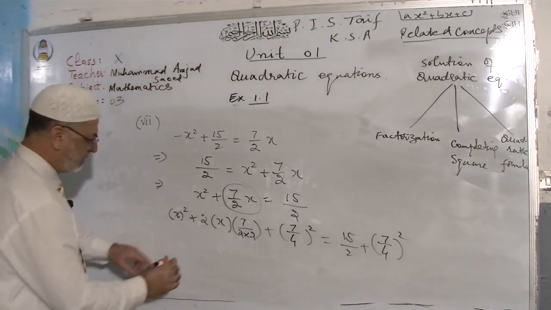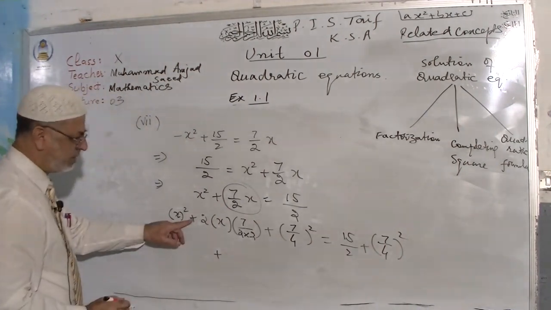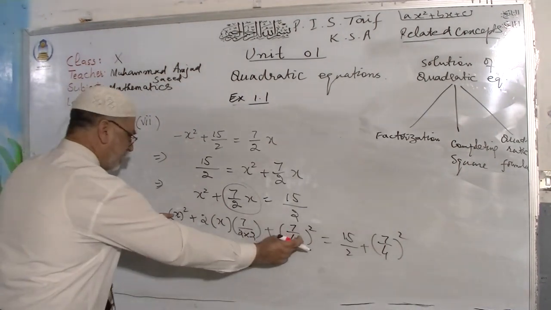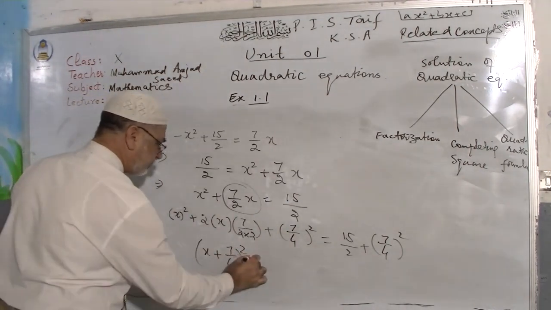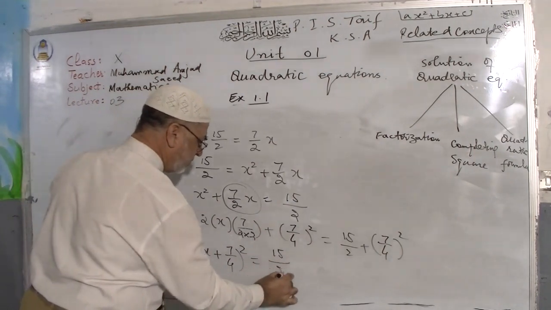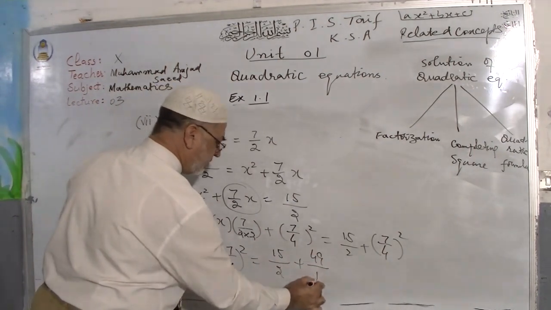You know that positive sign from here, the sign of internal squares, x and 7 over 4 square, 15 over 2 plus 49 over 16.